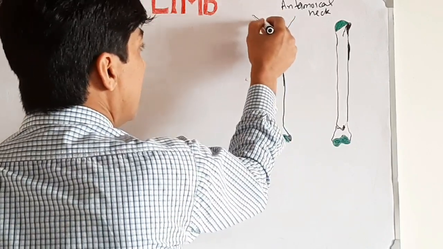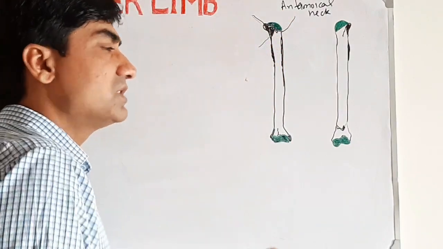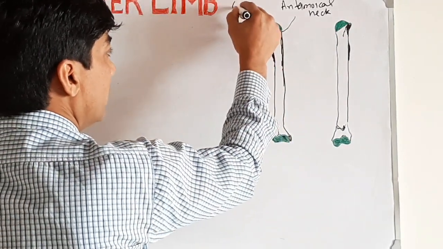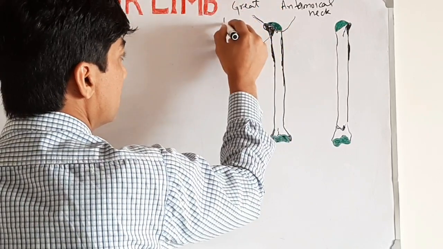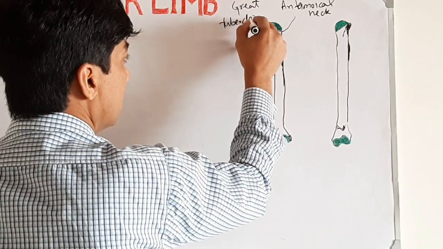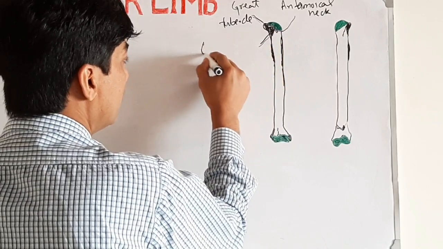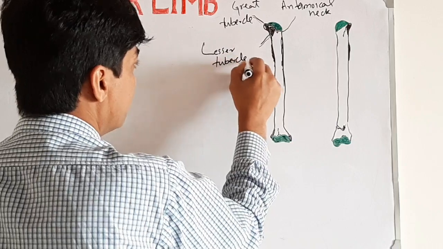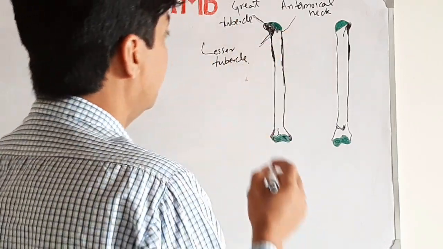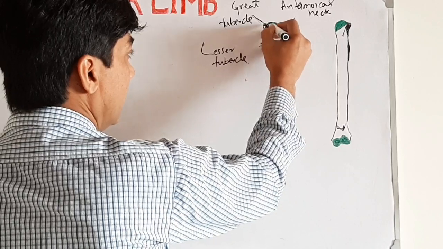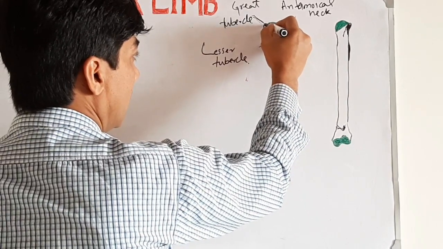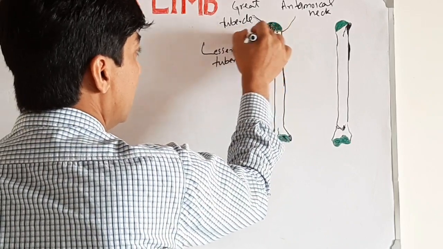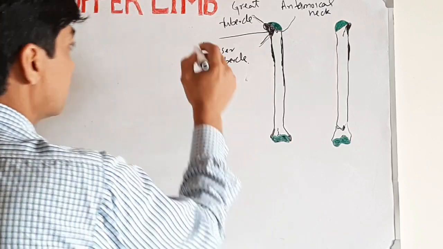The superior is much greater than the inferior, so this is called the greater tubercle, and the inferior is the lesser tubercle. Between these two tubercles, there is a sulcus. Here the tendon is accommodated, and this groove is called the intertubercular sulcus.